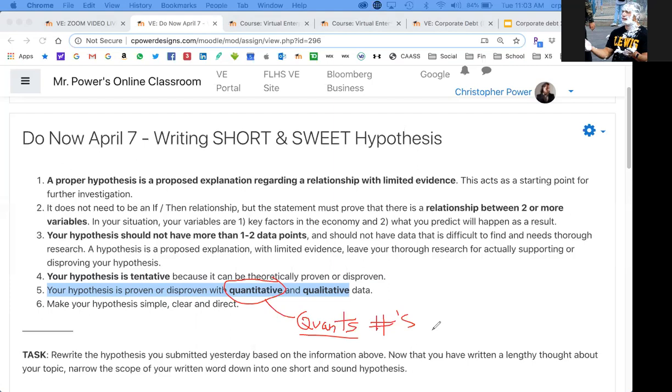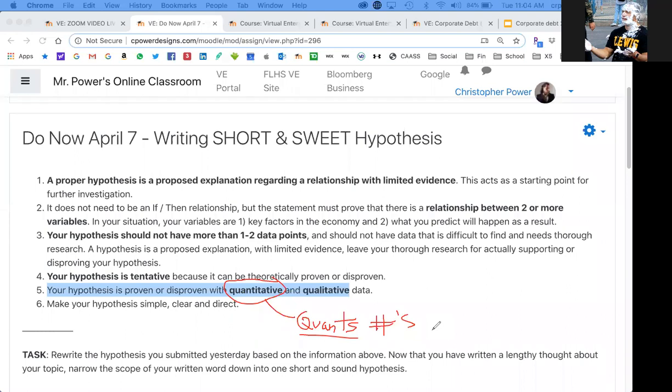Data deals with strictly numbers. Data deals with quantity. Data is concrete. It's numerical.